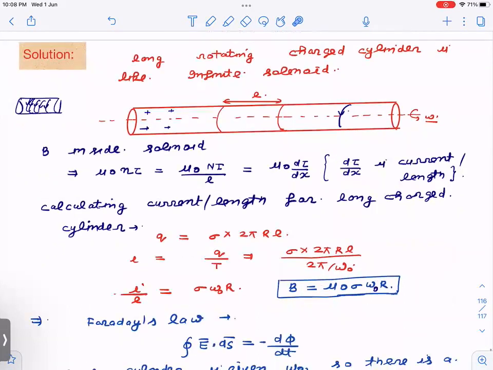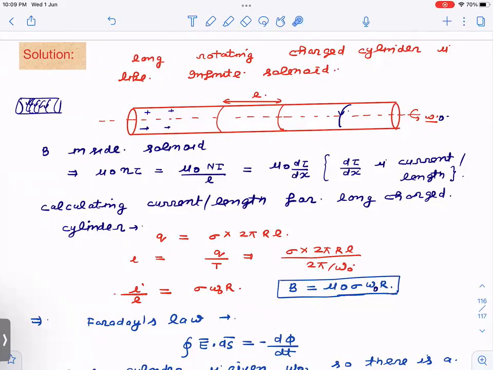Here, if the charged cylinder is rotating, suppose in this length L the charge is Q. What will be Q? Sigma into 2 pi R L, surface charge density into area. The current will be Q by T. It is rotating uniformly with constant omega, so T is 2 pi by omega naught. This is given as omega naught in the question, so I will write omega naught.